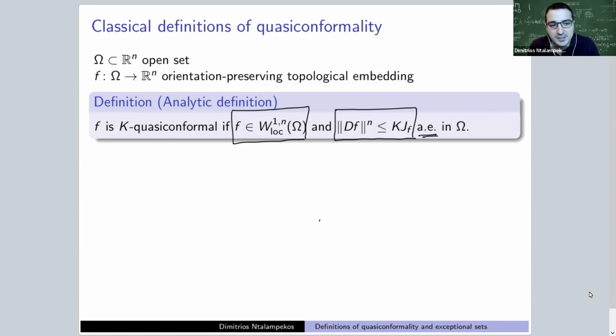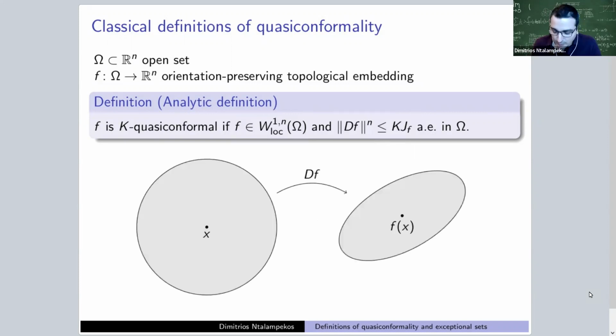So this is much easier to understand with a picture. The distortion inequality just says that if you take a geometric ball, then the differential, which is a linear map, maps this ball to an ellipse, if we are in dimension 2.